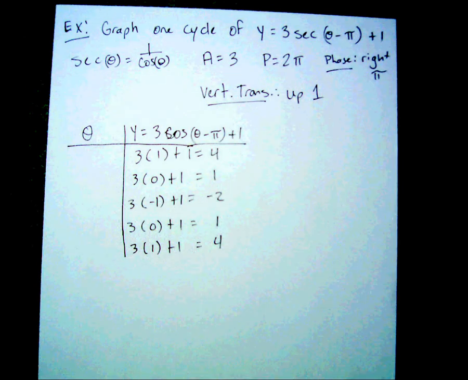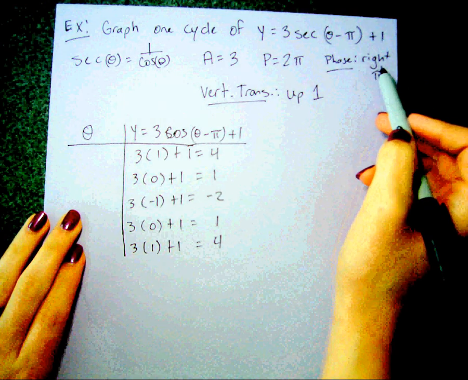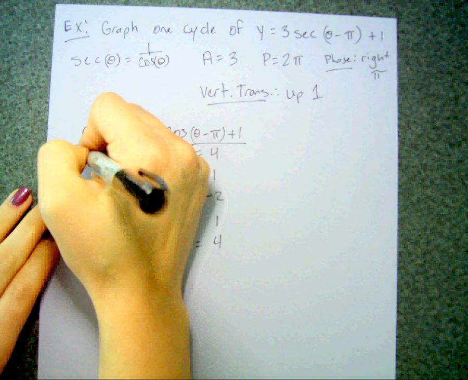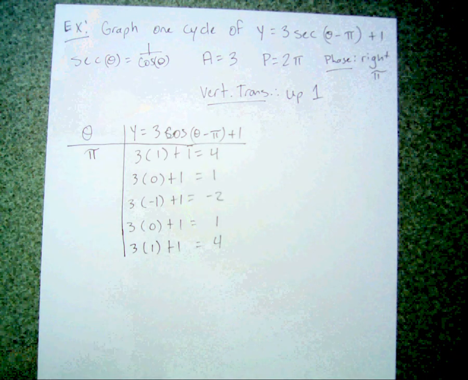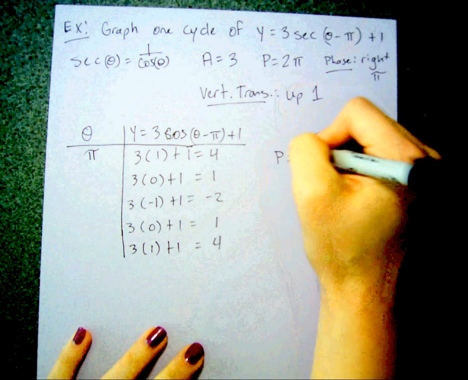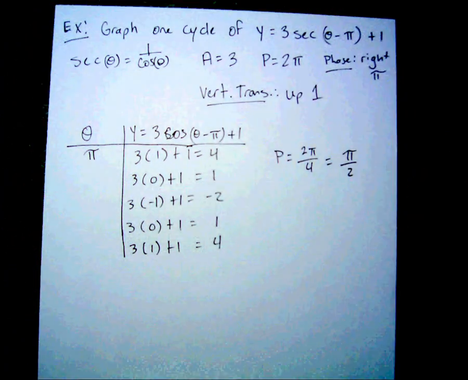Now my theta values, I don't have a change in the period, but I do have a phase shift. It says right pi, so I know that my starting point, since I'm going to the right pi, will be pi. And to get the other 4 values, I'll take my period and divide it by 4. So I get pi over 2, just reducing it.